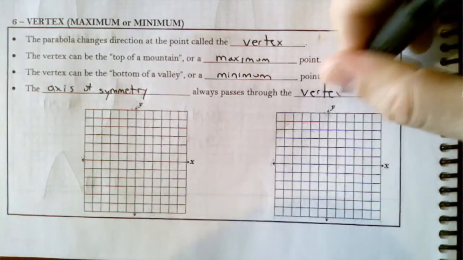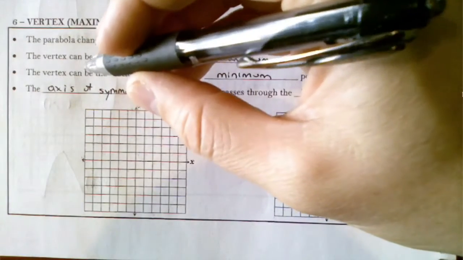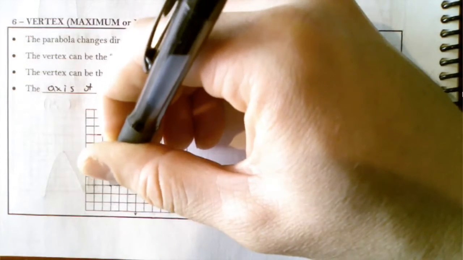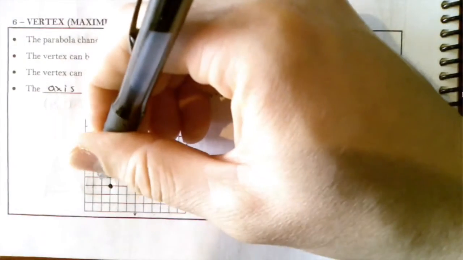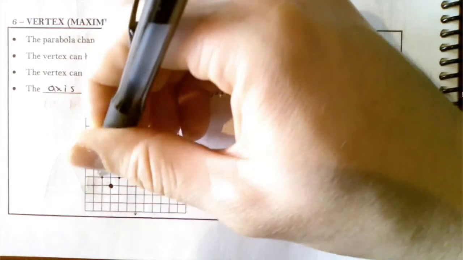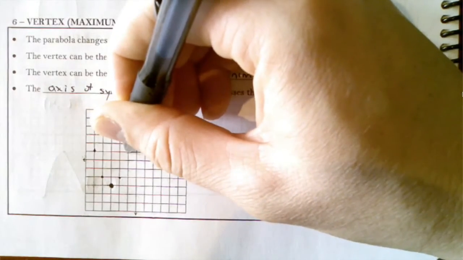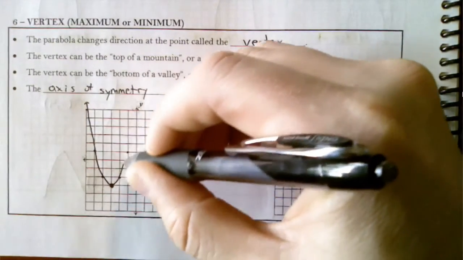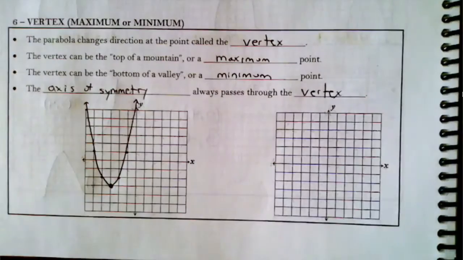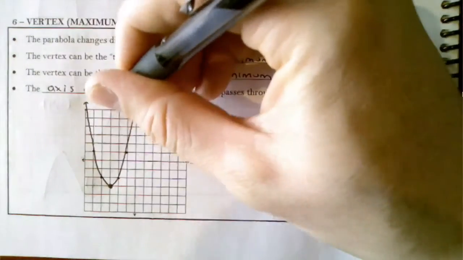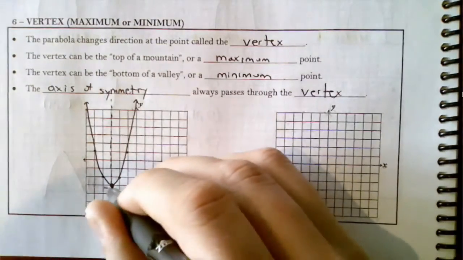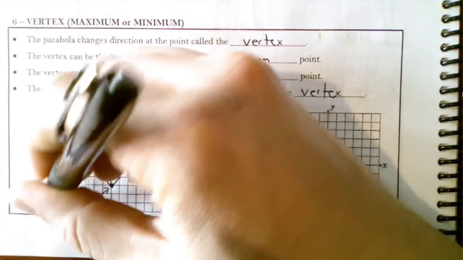So I'm going to draw a point here. I'm going to go over 3 and down 3, 1, 2, 3. And I'm going to have my parabola go up. All right, so let's get the curve. There we go. So if we look, the axis would be right here, and this point would be the vertex.